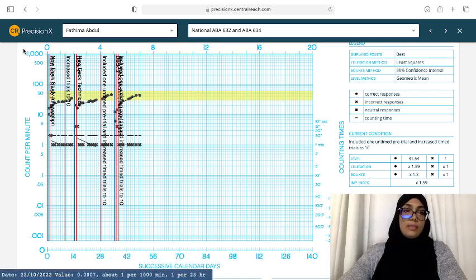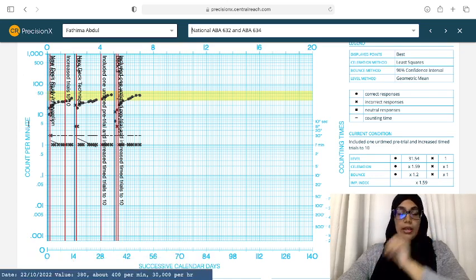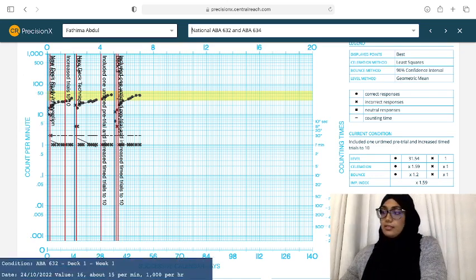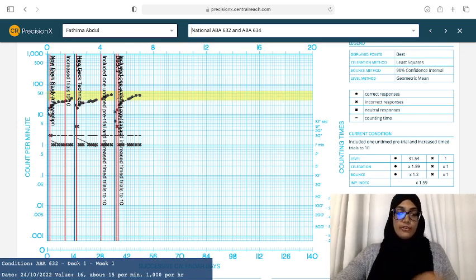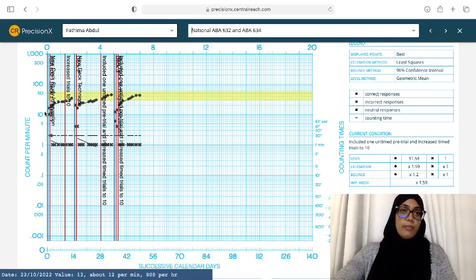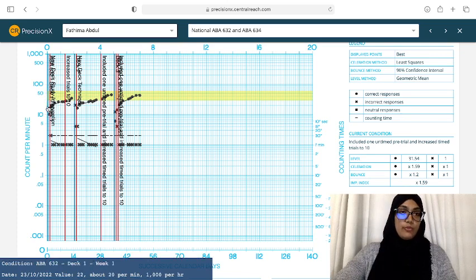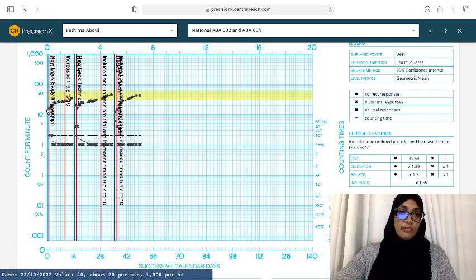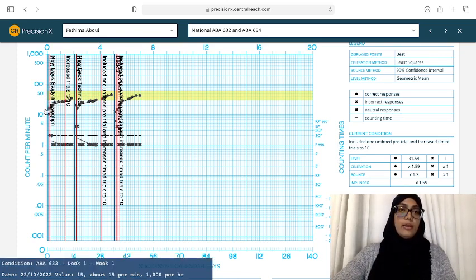So here we can see my ABA 632 SAFMEDS data chart, and my ACEL scores for each deck have been gradually increasing from implementation. They move from a low level below the aim to a high level within the aim band, with low variability.